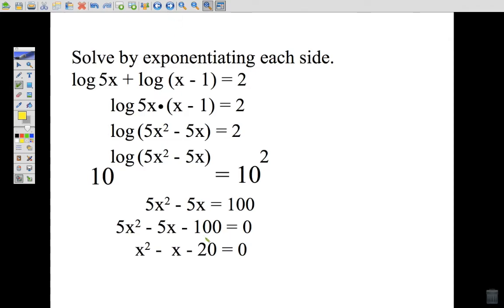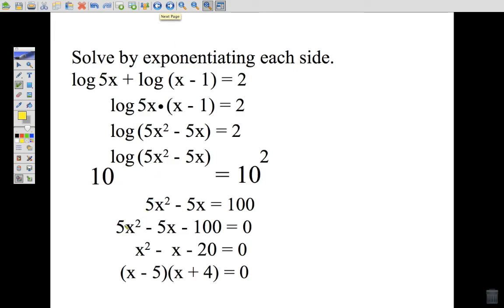Maybe factoring would work. So we're looking at, are there any factors of negative 20 that would sum to negative 1? Let's factor it into 2 binomials, if that is the case. And definitely it does work, because negative 5 times 4 is negative 20, and negative 5 plus 4 is negative 1. We have just factored it. Why did we factor it?